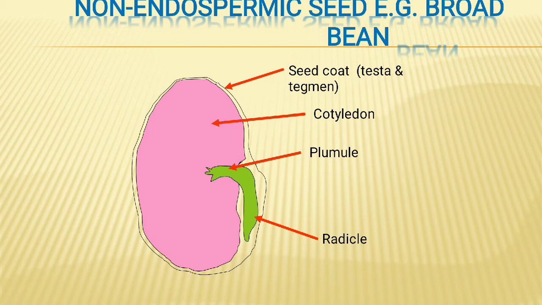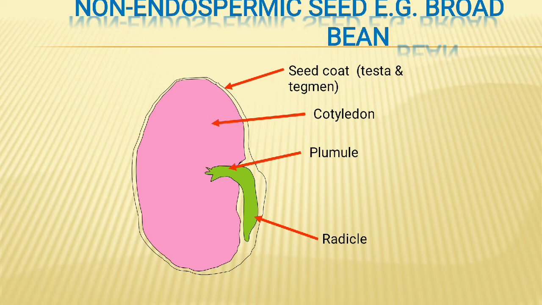Now how to remember which one is outer and inner within testa and tegmen? I'll tell you a simple trick. Remember, inner contains N. Within these two, which word contains N?